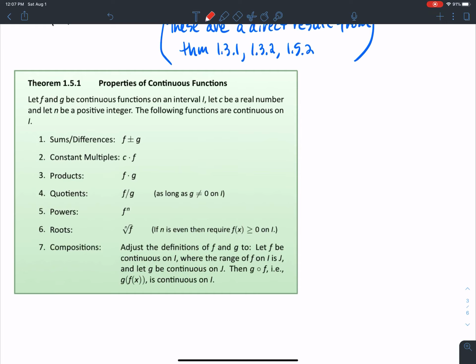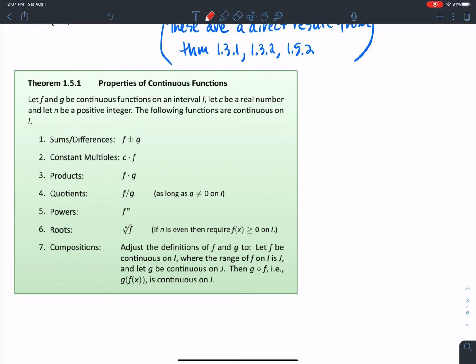So f plus or minus g is continuous. c times some function, f times g, f divided by g as long as g is not equal to 0, f to the n, the nth root, which has to be adjusted if n is even, and composition of functions.